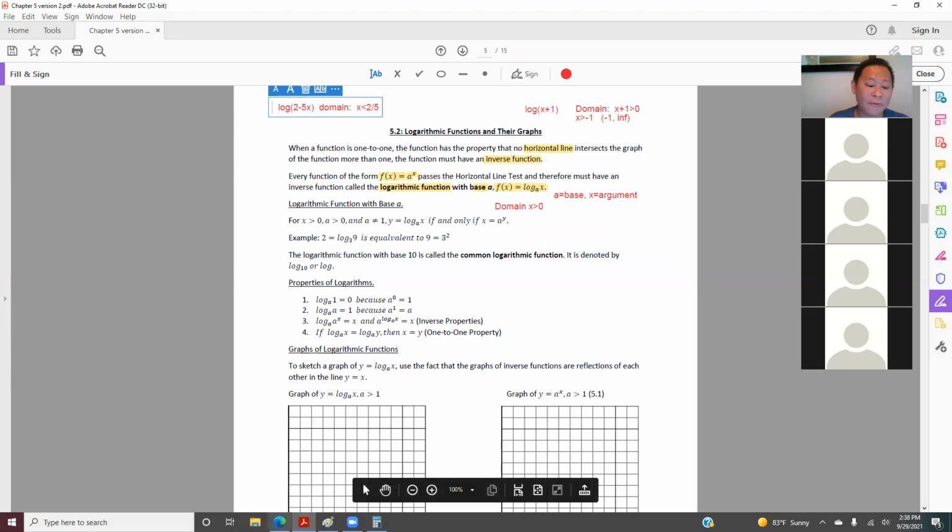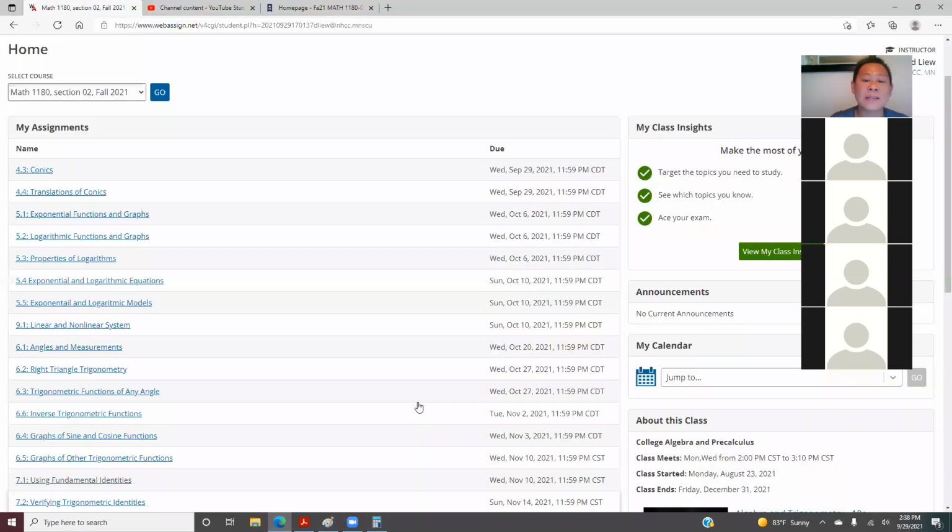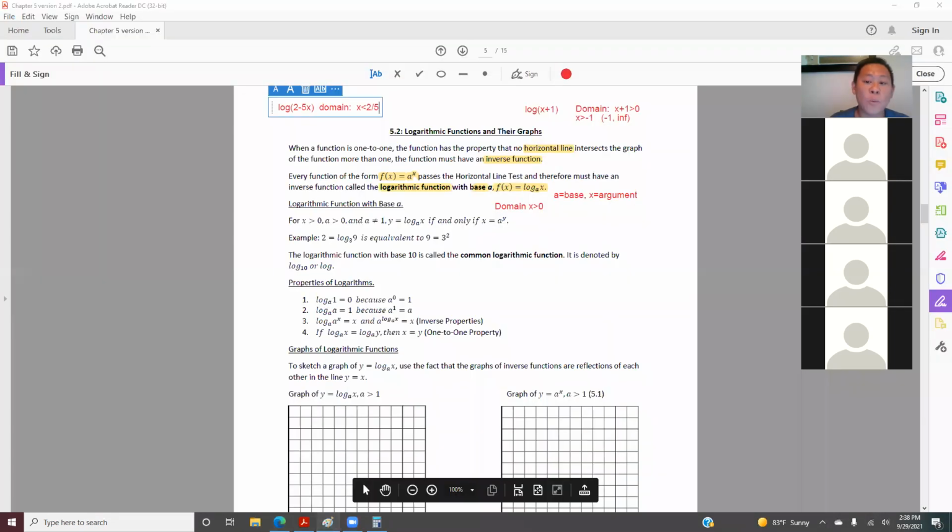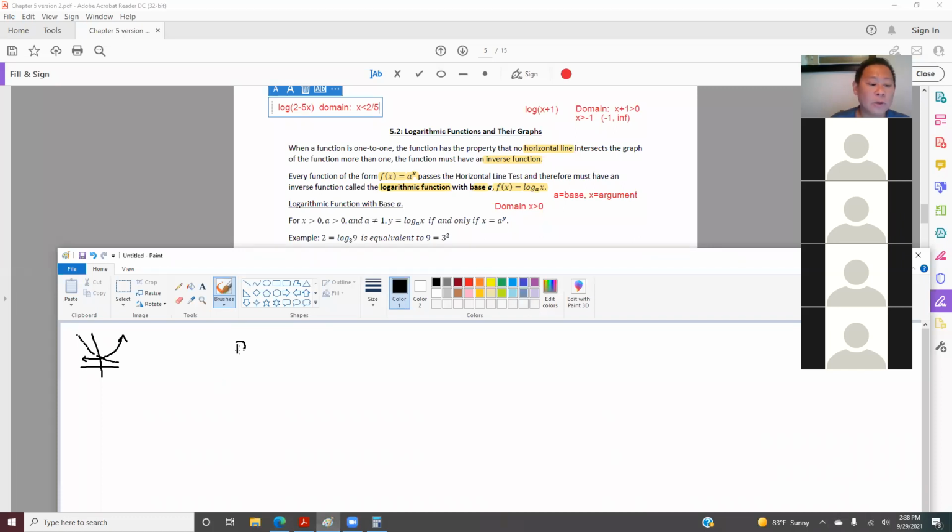So what is the meaning of this? When I tell you your domain is x has to be greater than -1, it means that this is your -1, which is your vertical asymptote, and your graph is somewhere here. That means you cannot cross to the left side.